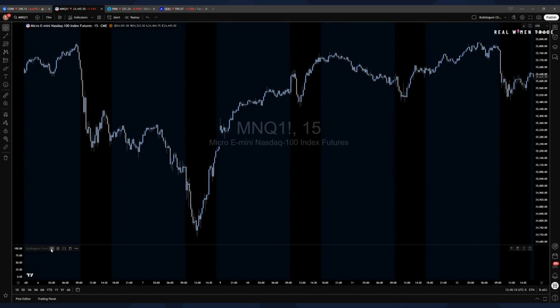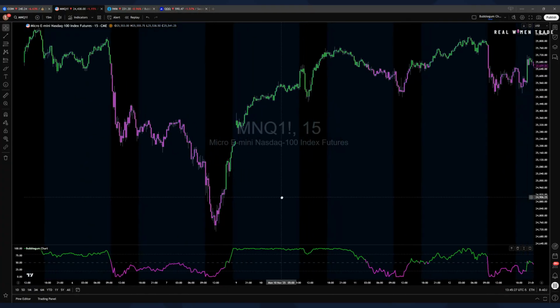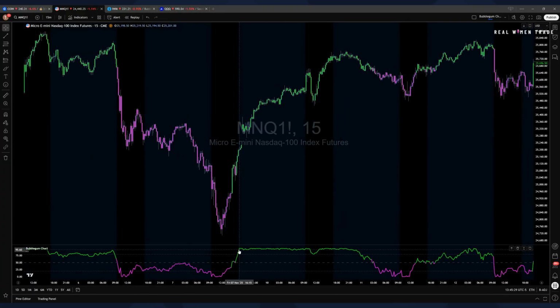And let me turn on the Bubblegum chart. Okay, this is what it looks like. I want you to notice, just kind of in a zoomed out fashion, whenever the bubble flow is above the 80 and moving sideways, the trend is super strong and you can have confidence in knowing it's time to buy.